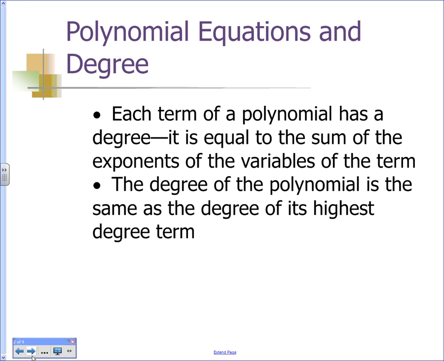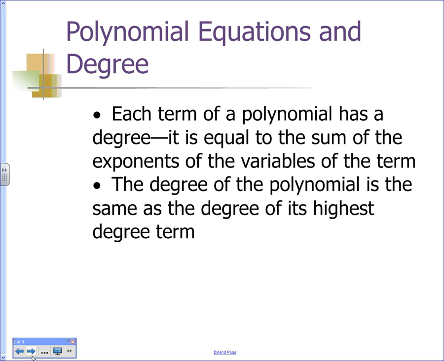It has more than one term. It doesn't have any specific number, it just has to have more than one term. X squared plus 2, x to the 10th plus 5x squared plus 3, anything that has more than one term.